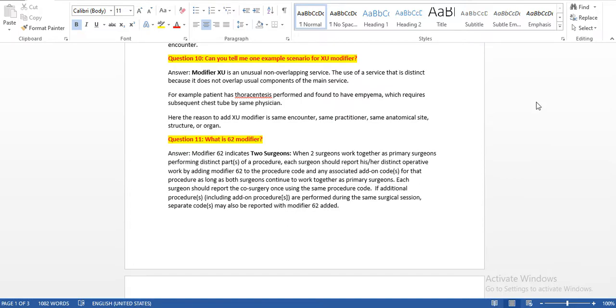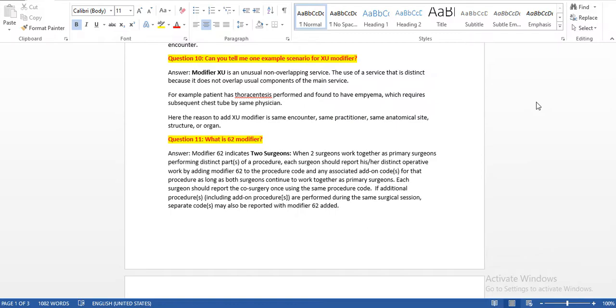One more example is, for example, a patient underwent combined right and left heart catheterizations. And also the patient has another procedure, incision and drainage and removal of foreign body. So for the removal of foreign body, the physician has used fluoroscopy. Basically, in right and left heart catheterization, this fluoroscopy is included.